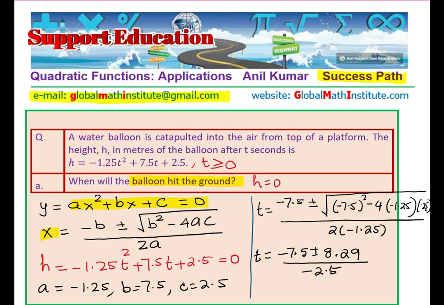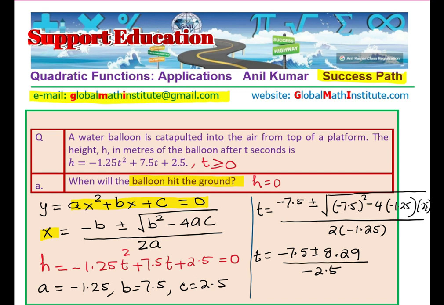Since the time is greater than 0, we have to take all the negatives and then we'll get a positive time. So we'll add 8.29 with 7.5 and then divide this by 2.5 to get a result.